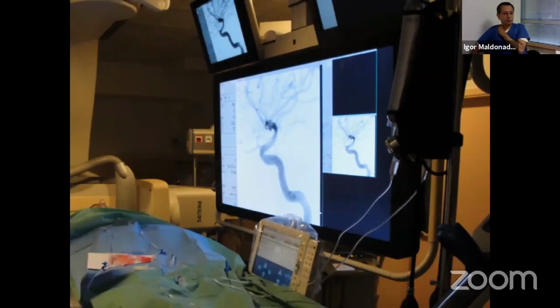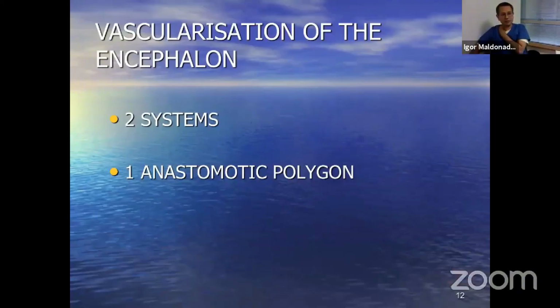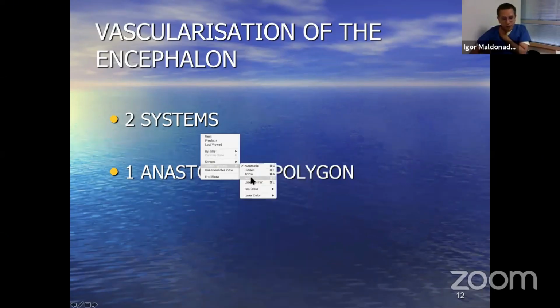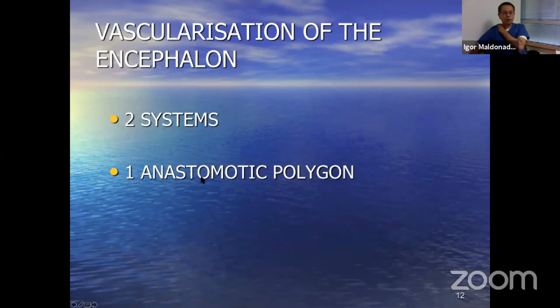So one of the first important concepts in the vascularization of the encephalon is the fact that it is organized in two connected systems. One is the anterior or carotid system, and the other is the vertebrobasilar system.